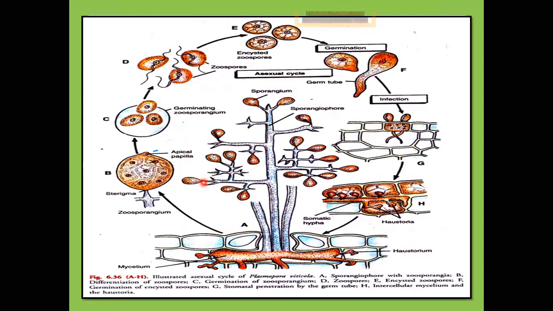So this is the 1, 2, and 3. At the end of the sterigmata, the oval sporangia are generally attached.